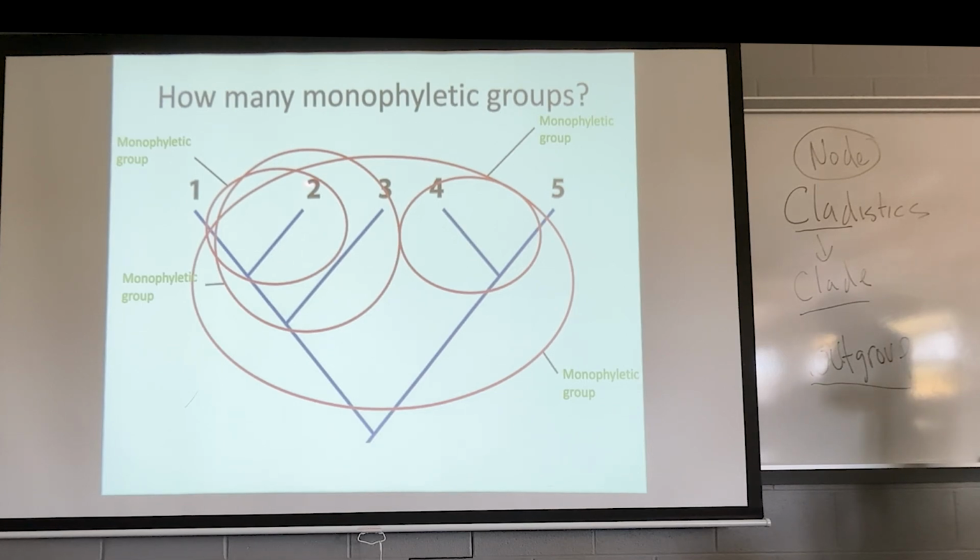The newer and smaller taxonomic groups, genus and species, or genus in particular, are newer clades or more recent clades, if we do it right. So here we have 4 monophyletic groups that we could count off of this tree.